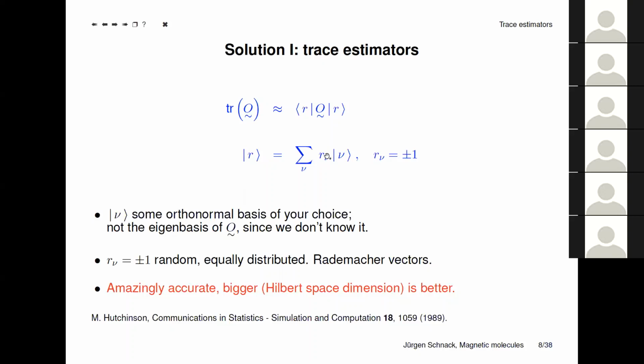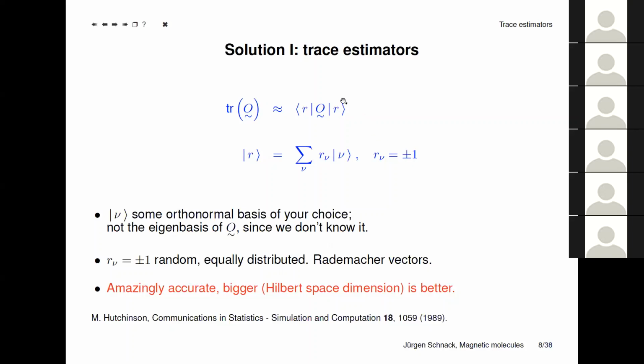So a random vector is a vector that has coefficients in front of the basis functions that are random. And there are various ways to do these random coefficients, and I choose a special way, namely so-called Rademacher random vectors, and there these random coefficients are just plus minus 1 randomly equally distributed.